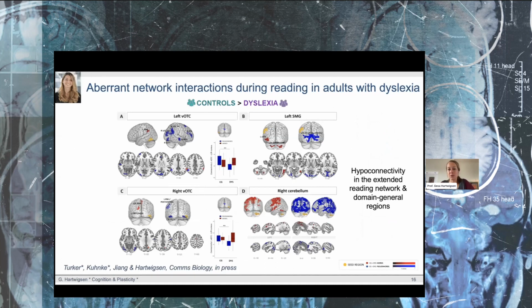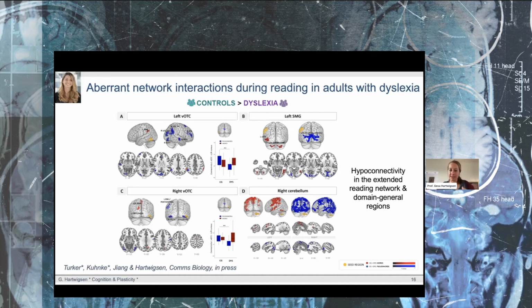We then focused on the network interactions during reading, and we found the same pattern. The areas that showed less activity were used as seed regions, and we looked at the task-related interactions with the rest of the brain. And between these underactive regions and the rest of the brain, we also see massive hypoconnectivity.